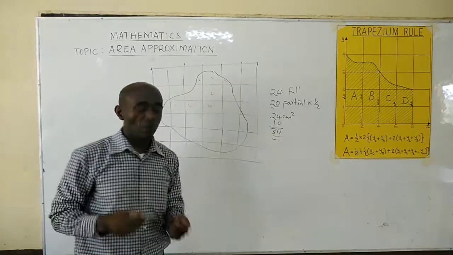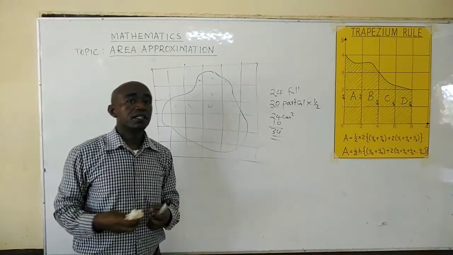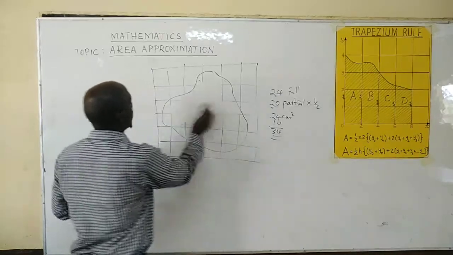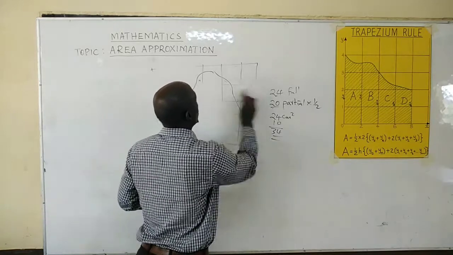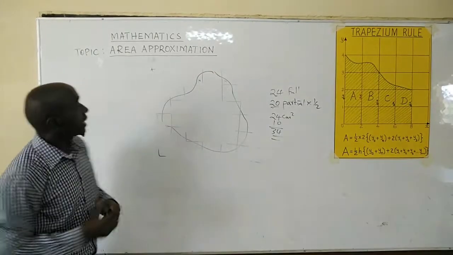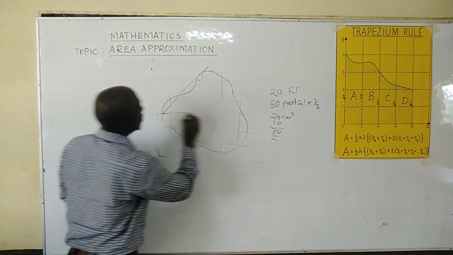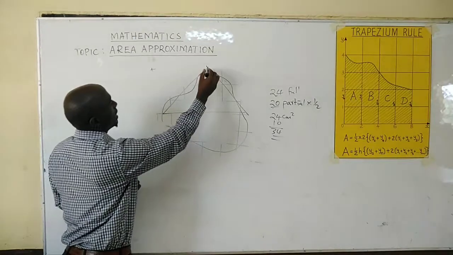That is one way of finding area of irregular shapes. The other way of finding area of irregular shape is by tracing out or by drawing, taking irregular shapes. Like we can draw a triangle here which has a base and a height.